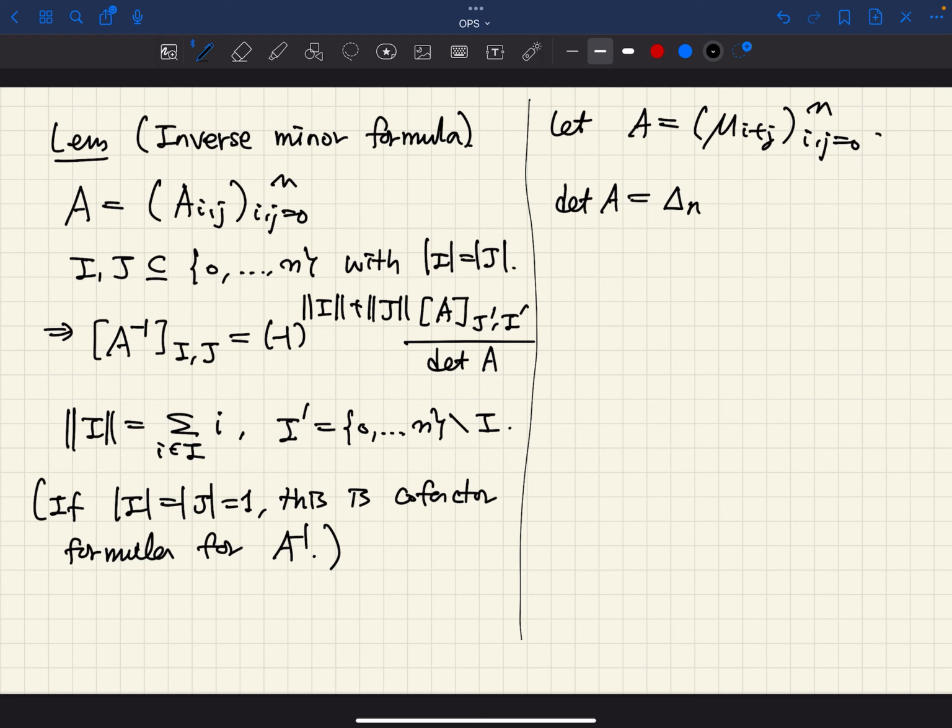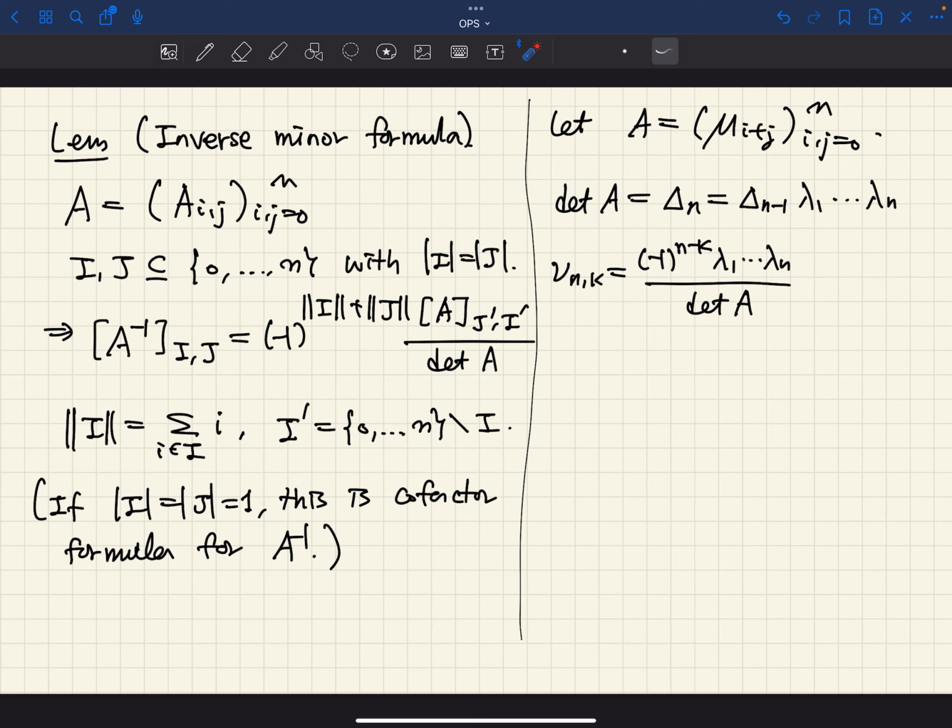So it's going to be the product of lambdas, but we can also write it in this way: λ_1 up to λ_n. Then ν_{n,k} is (-1)^{n-k} over λ_1 up to λ_n times the determinant of A, because originally the denominator was this, but I rewrote it using this formula.